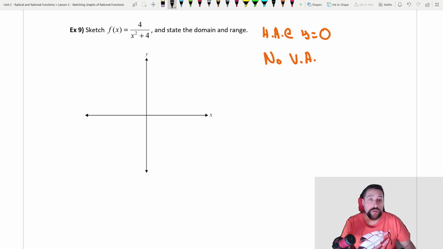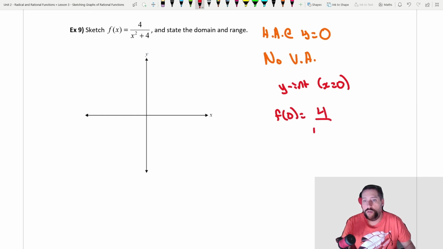So what we'll do is we'll find the y-intercept. So let's go ahead and find that. Y-intercept. So we're going to set x is equal to 0. So f of 0 is equal to 4 over 0 squared plus 4. So in this case, it's going to be 4 over 4, which is 1. Oh, okay.